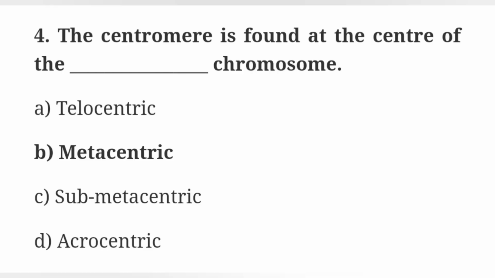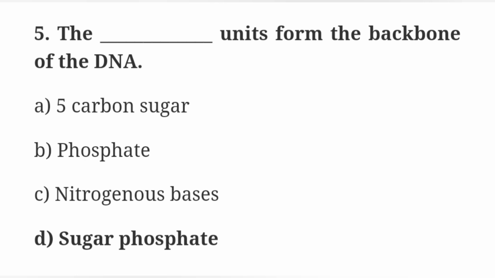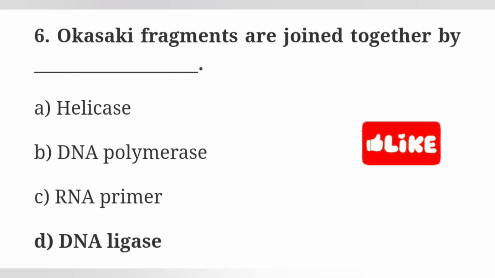Fourth one, the centromere is found at the center of the dash chromosome, option B, metacentric. Fifth one, the dash units form the backbone of the DNA, option D answer, sugar phosphate. Sixth one, Okazaki fragments are joined together by dash, option D answer, DNA ligase.